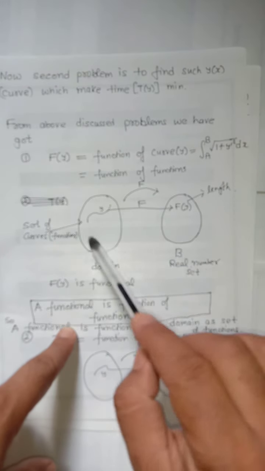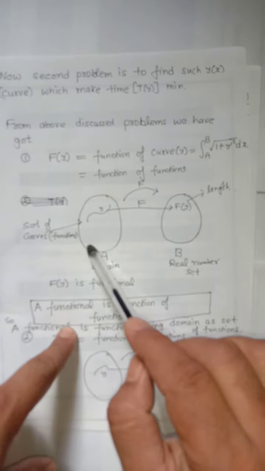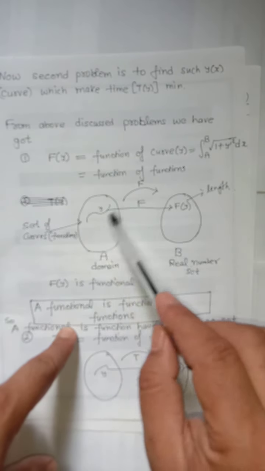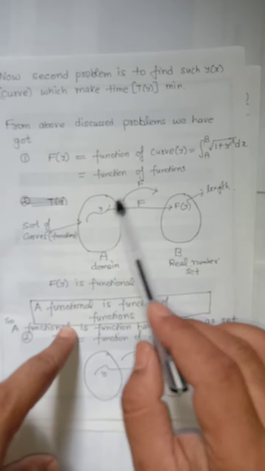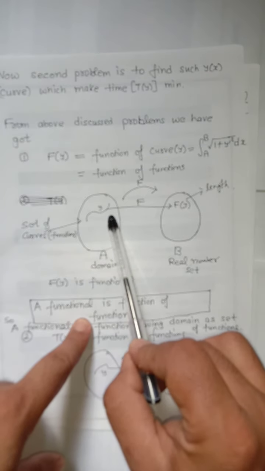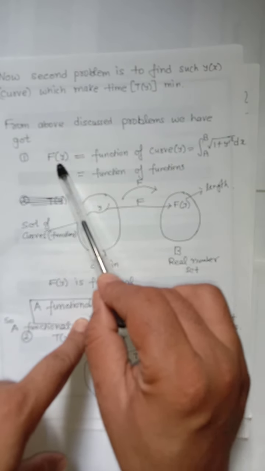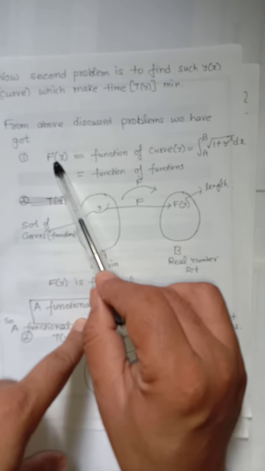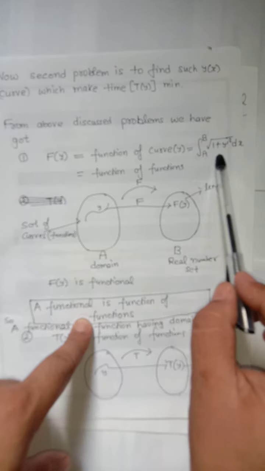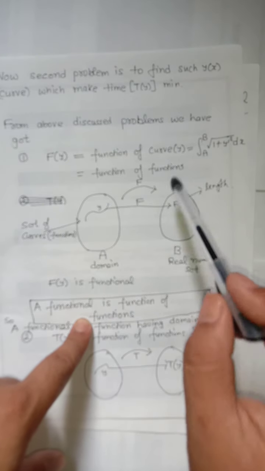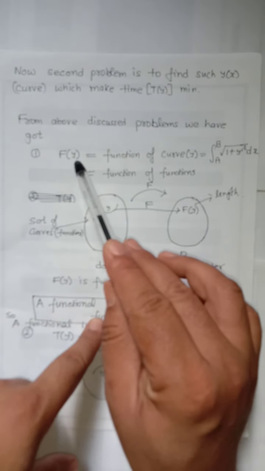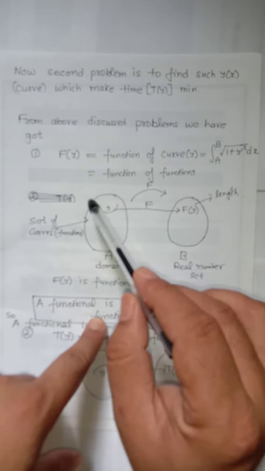In the domain there may be anything: real numbers, complex numbers, integers, etc. But here we see that if we consider this function, it is a function of y, in the first problem. And what is y? Y is a curve here.